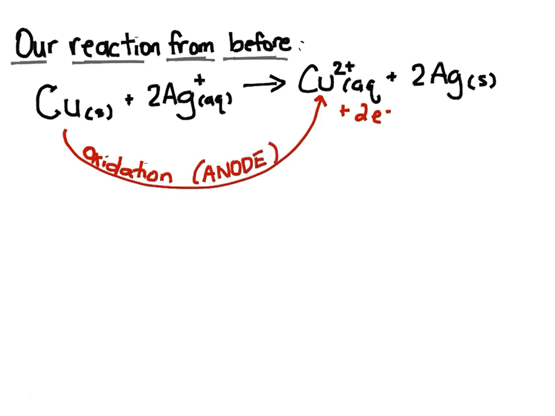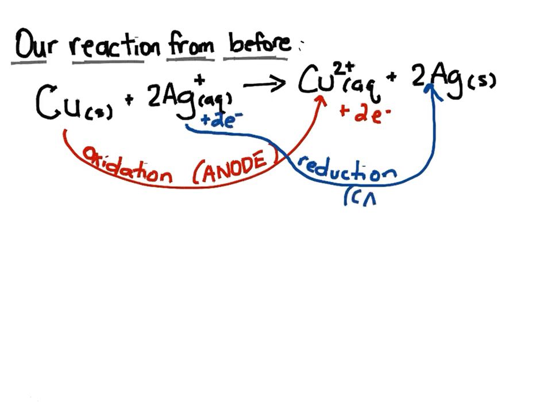Silver will be reduced at the cathode. 1 electron per silver ion will be transferred, which is why we need 2 silver ions. Remember, the number of electrons transferred has to be the same. They don't just poof, vaporize.